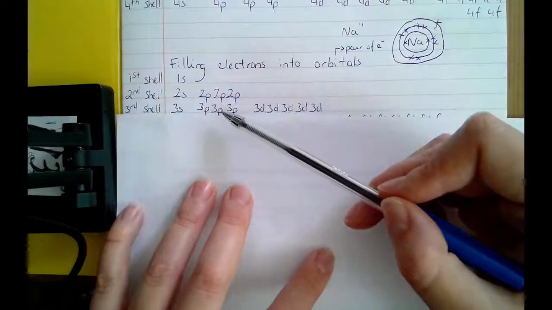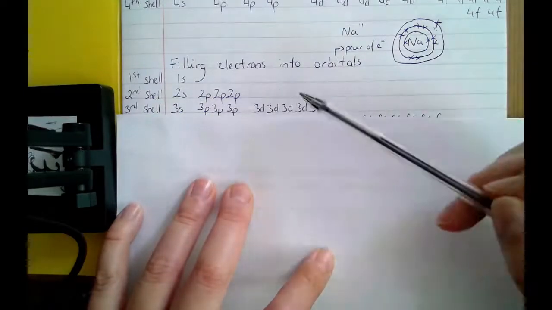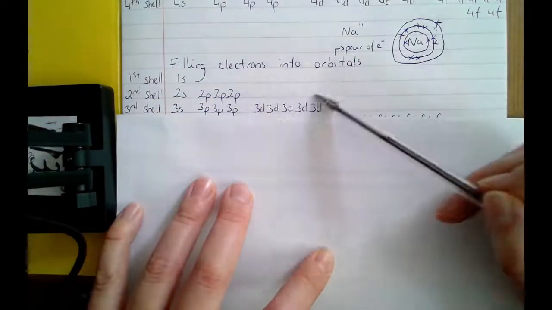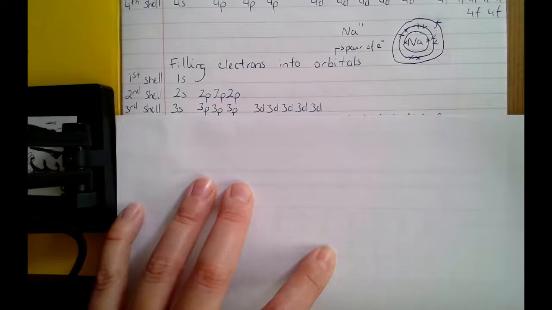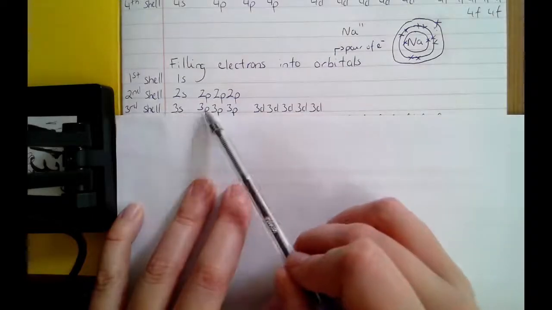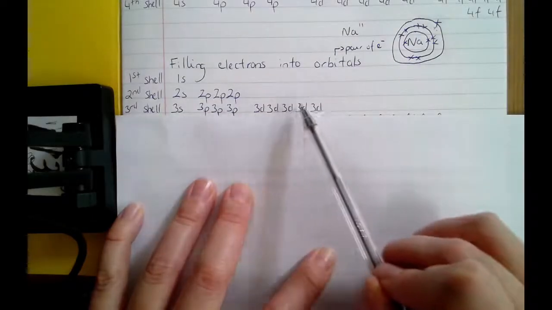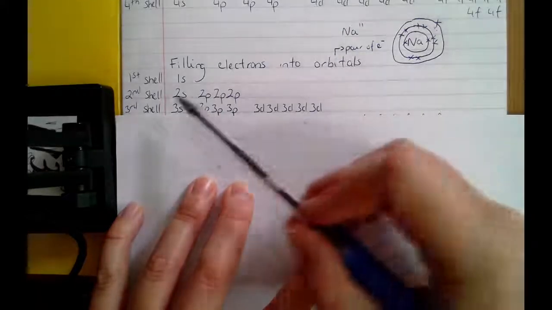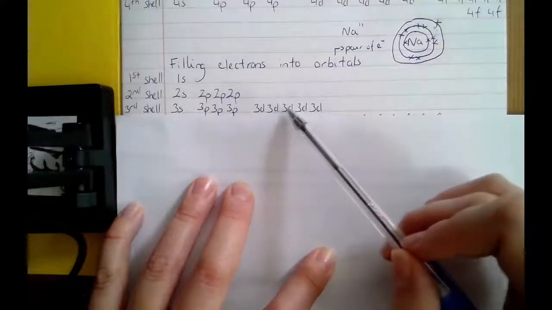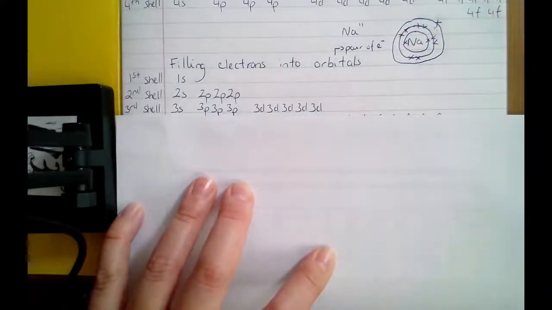You will also have p orbitals, but you will need a new set of orbitals called the d orbitals in order to take those extra electrons. So we said you can hold 18 electrons, so I've got 1, 2, 3, 4, 5, 6, 7, 8, 9 orbitals. Each orbital holds 2, 9 orbitals in total, making up that third shell.